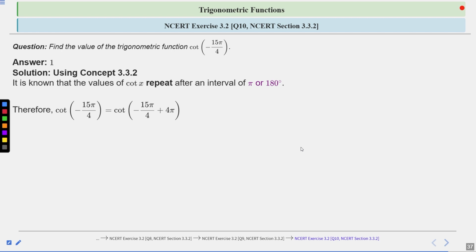Therefore, cot of minus 15 pi upon 4 will be equal to cot of minus 15 pi upon 4 plus 4 pi, which is equal to cot of pi by 4, which is equal to 1. Clear? So the correct answer will be 1, okay?